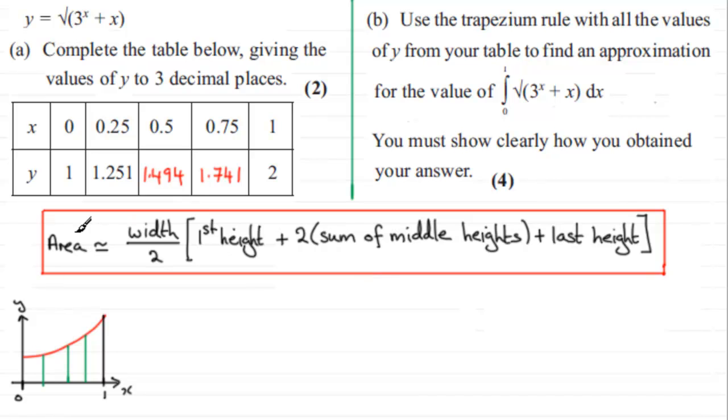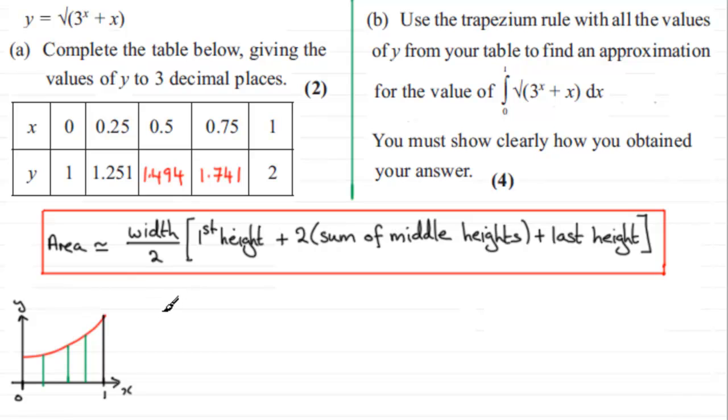But the Trapezium rule is that the area under the graph is approximately the width of a strip divided by 2, and then you do the first height, which would be this height, plus twice the sum of the middle heights, that's twice the sum of all these green heights, plus the last height. Right?